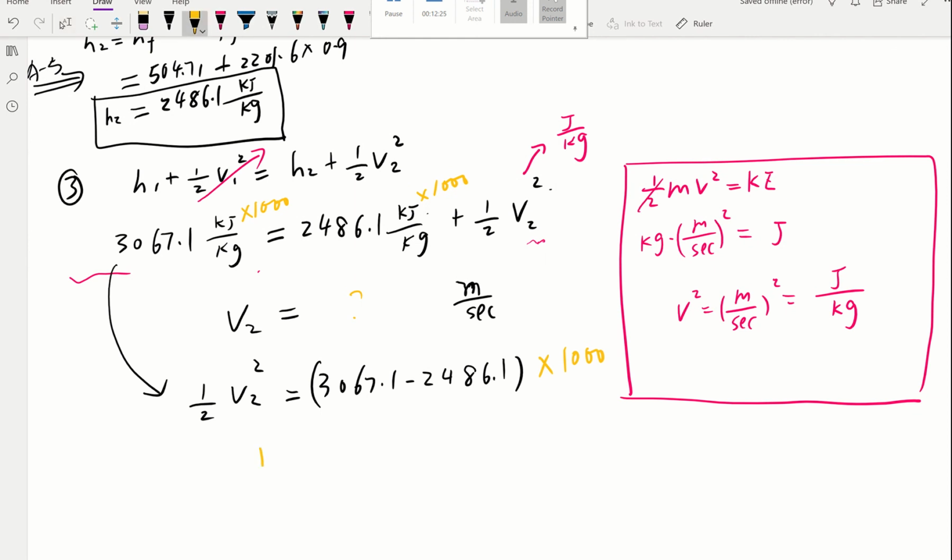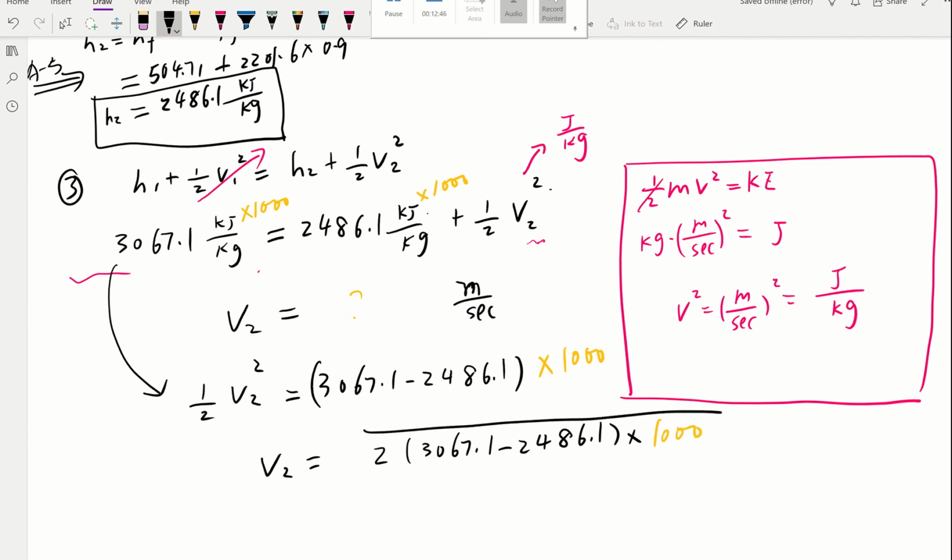Once you have this, your V2 will be equal to 2 times 3067.1 minus 2486.1, times, again, 1,000. Then we have to do a square root of that.